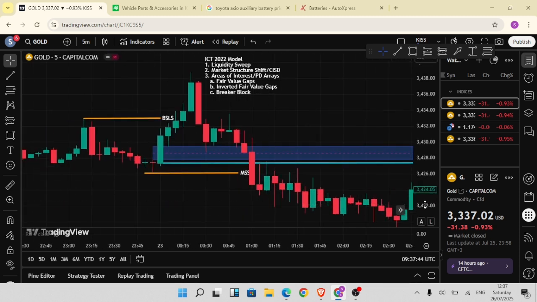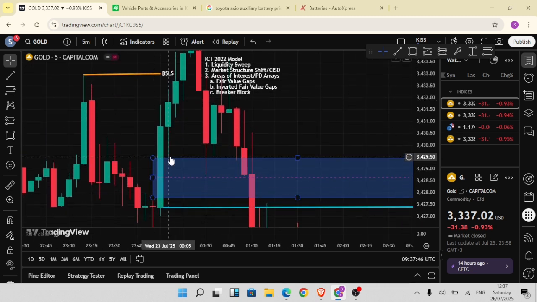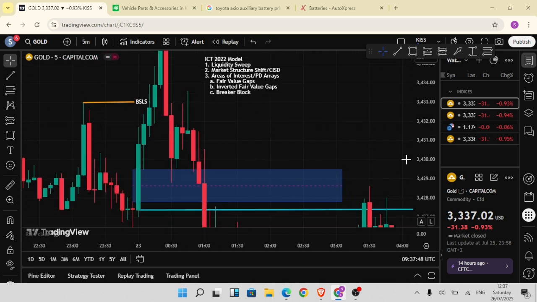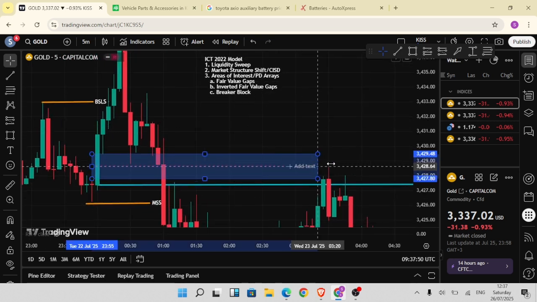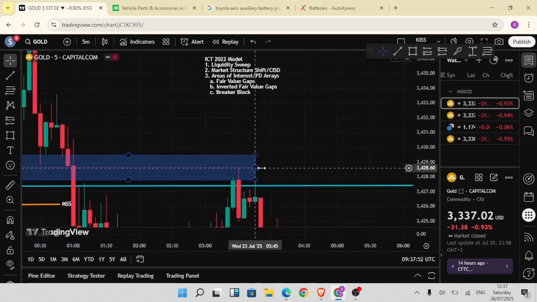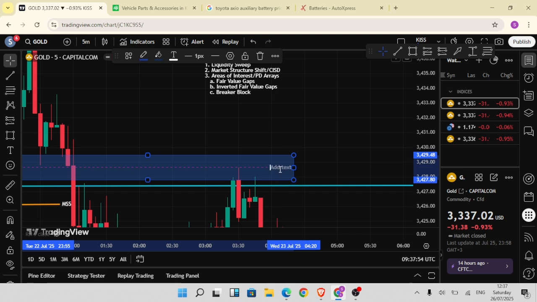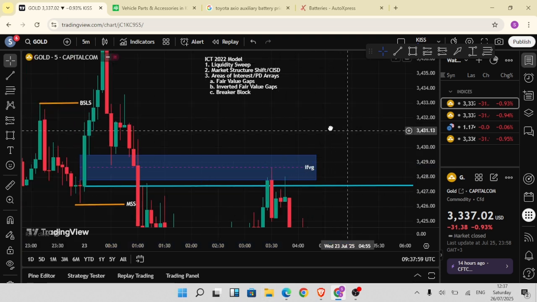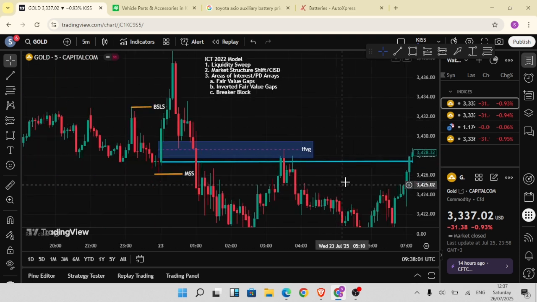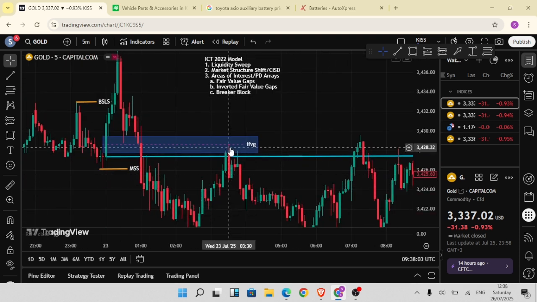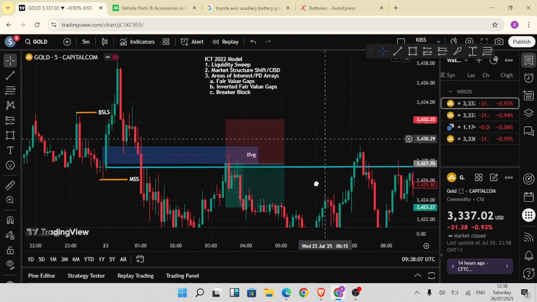Can zoom in a bit. Inverted fair value gap. Again, almost the same area of entry. The moment price tags into this inverted fair value gap, we take that entry.